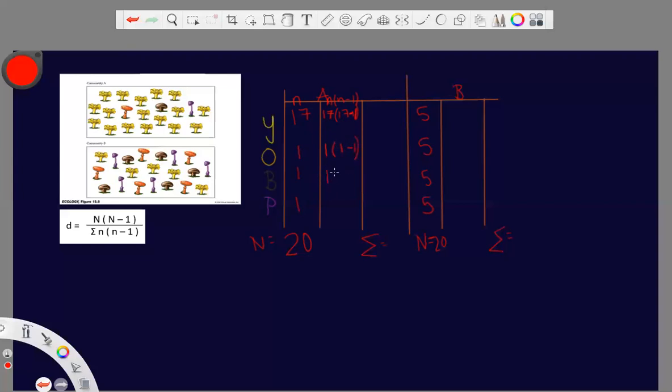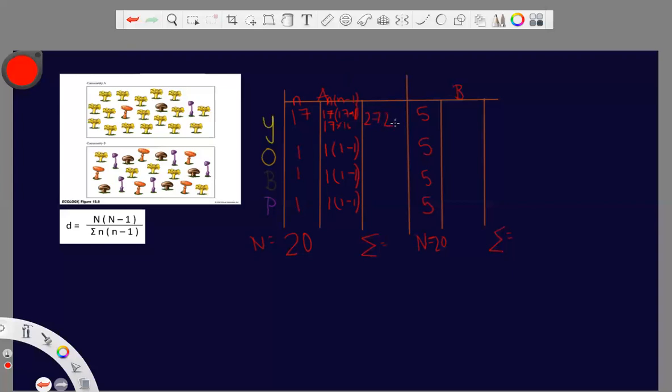For the brown one, 1(1 minus 1). So 1 is the n, and n minus 1 is 1 minus 1, and it's the same for here. If we do these sums, we end up with 17 multiplied by 17 minus 1. So that's 17 multiplied by 16, and 17 multiplied by 16 is 272.